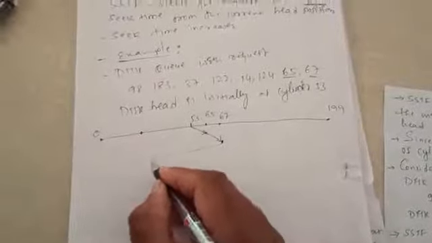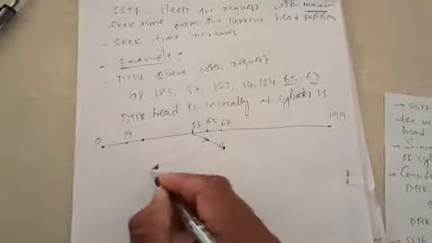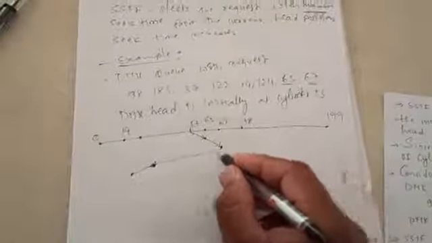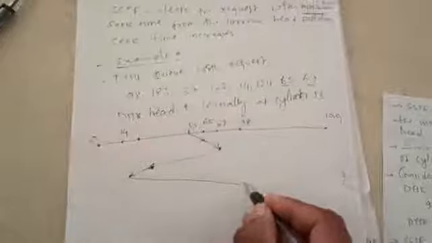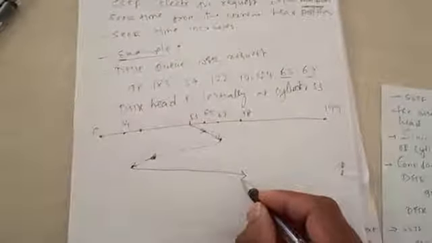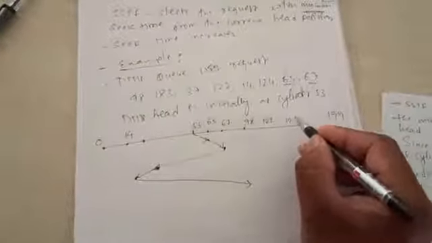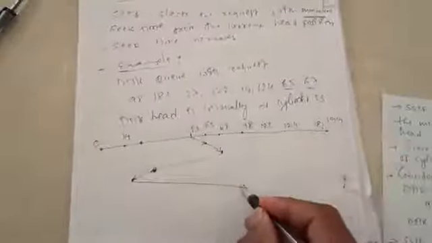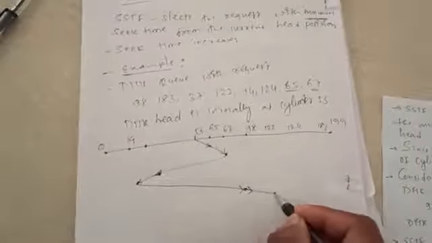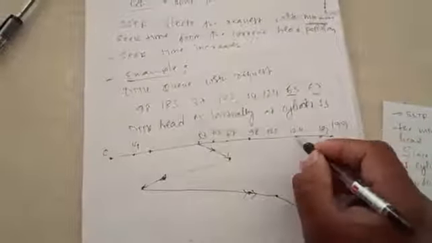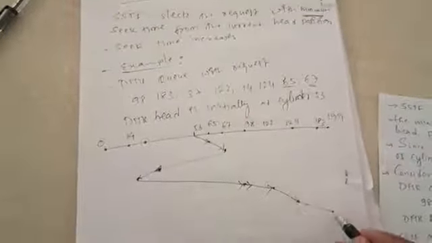This will be serviced, and then closer to 37 is 14. It will move the head there, and then the next service is 98, closer to 14, then it will service the next request 122, then 124, and lastly it is going to move to 183. This is the way we are going to service the requests.